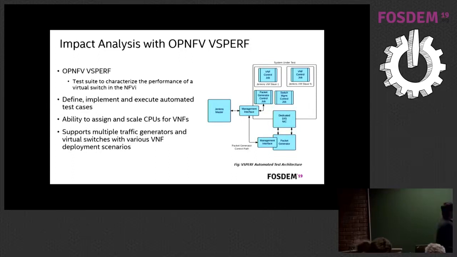You can define and implement your test cases and scale your CPUs for VNFs. VSPerf supports a lot of traffic generators; in this case, we used the Ixia traffic generator. A simple case would be a simple application running in a VNF, with your virtual switch and a dedicated 10 gig NIC.